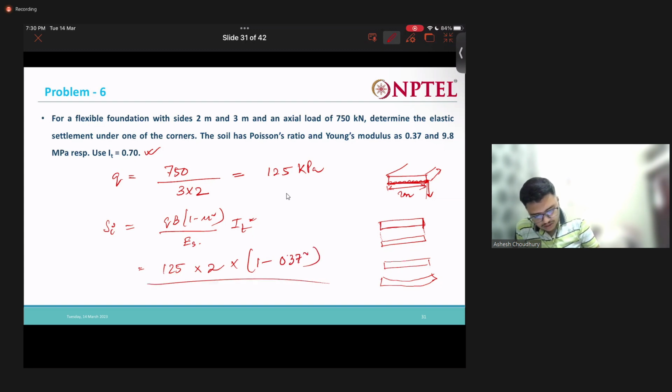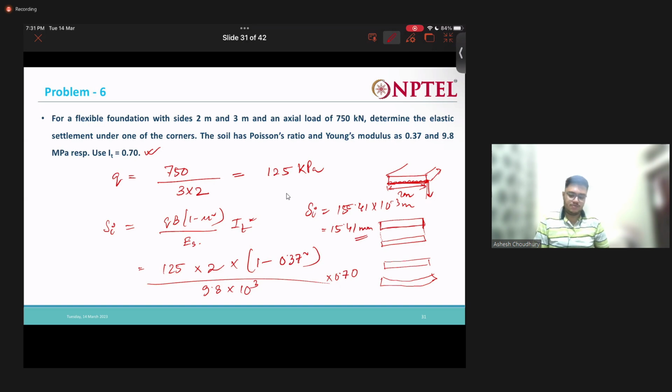Es is 9.8 MPa, so I will write 9.8 into 10 to the power 3 to change it to kPa, and I_t is 0.70. So if we calculate this, my immediate settlement will come out as 15.41 millimeters.